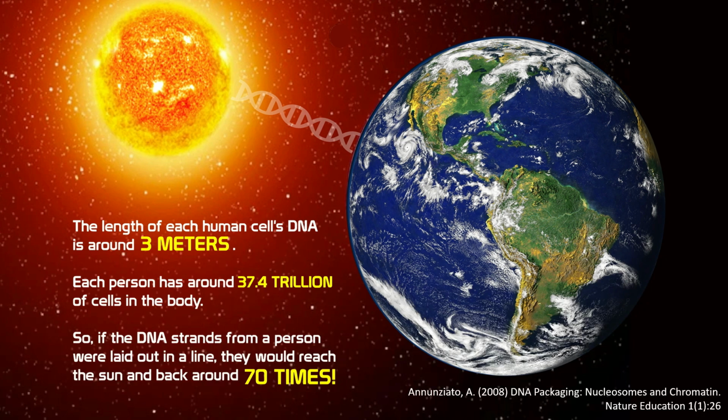So if the DNA strands from one person were laid out in a line, the strands would reach the sun and back around 70 times. This is truly an amazing fact about our DNA.